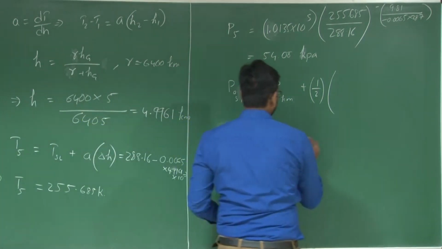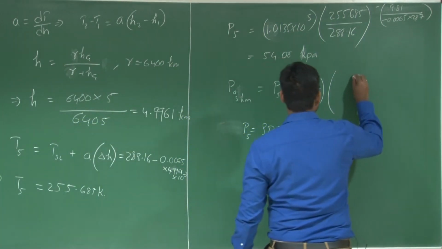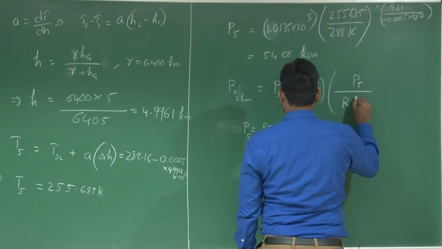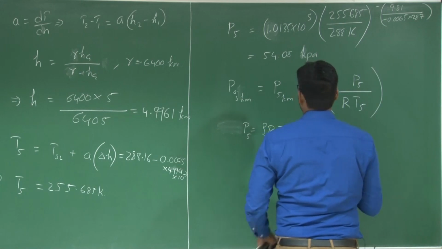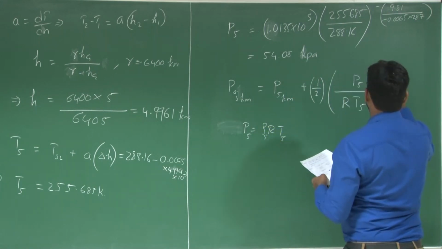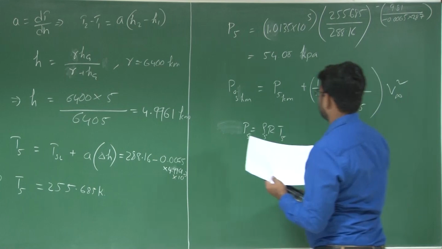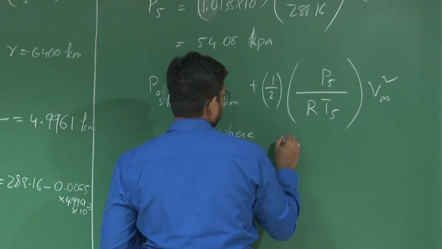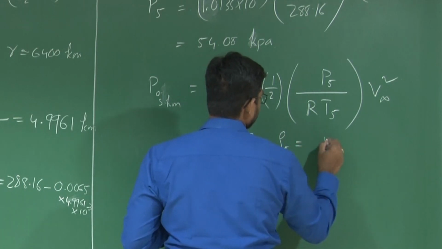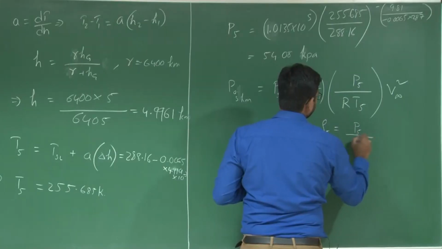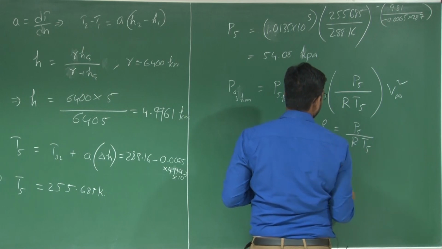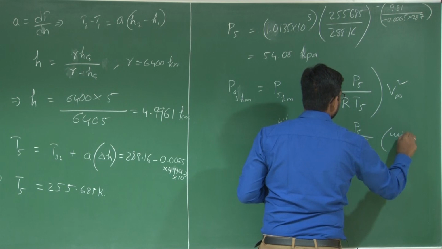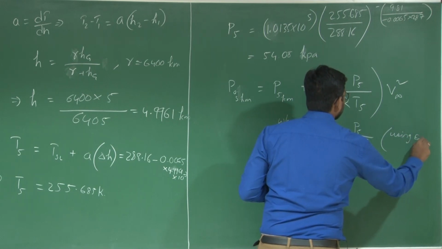So using this, the total pressure is pressure at 5 kilometers plus half into density into velocity square, V infinity square, where density at 5 kilometers is equal to P at 5 kilometers divided by R into T at 5 kilometers, using the equation of state.